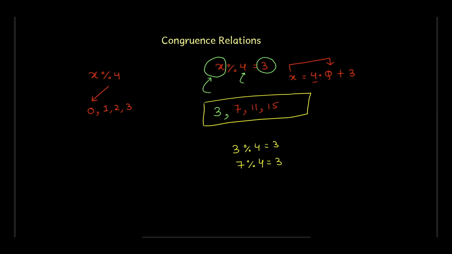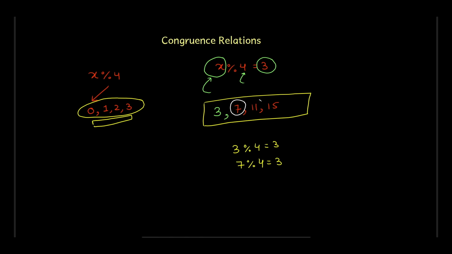Now notice that in the modulo 4 world that we are dealing with, numbers greater than 3 do not exist at all. There are only 4 numbers in this world. This means that what would 7 and what would 11 look like in this world?